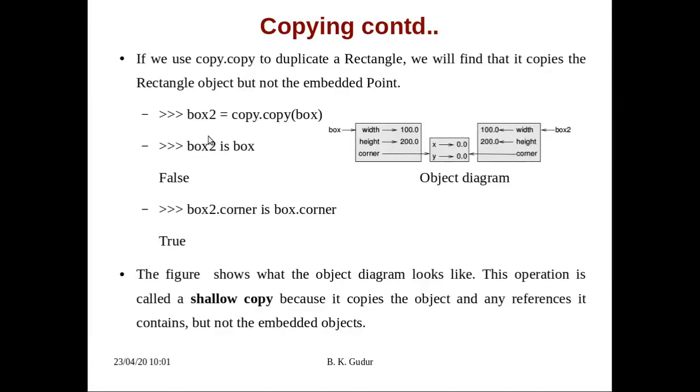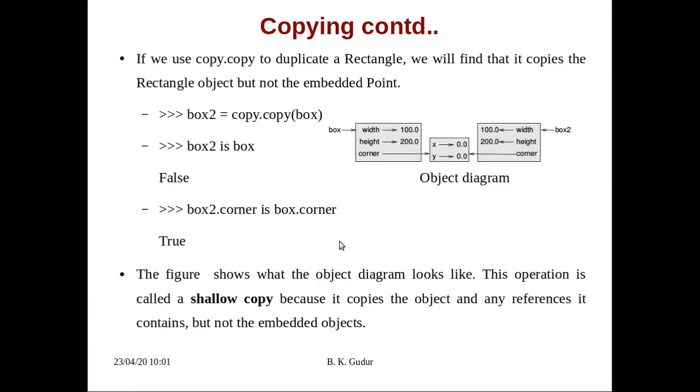If we use copy to duplicate a rectangle, we'll find that it copies the rectangle object but not the embedded point. Here, there is a rectangle, a box which has 3 attributes, as we know: width, height, and corner. And corner is nothing but a point object which has 2 attributes, x and y.